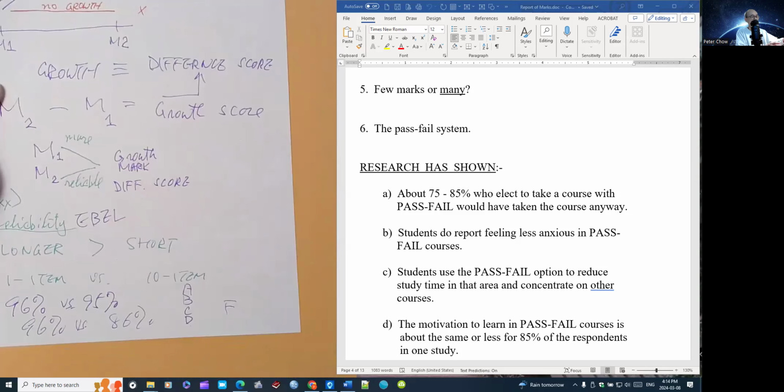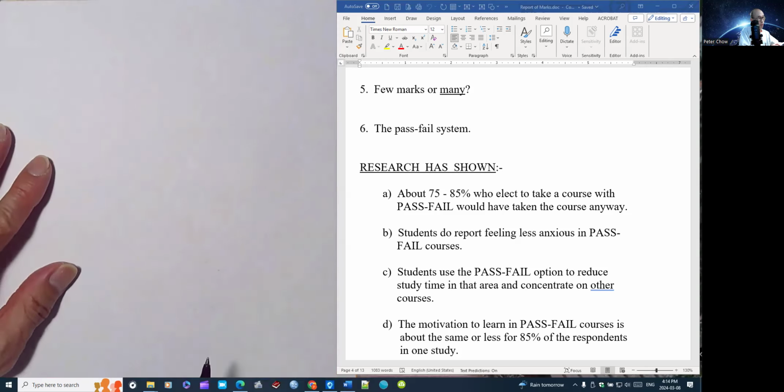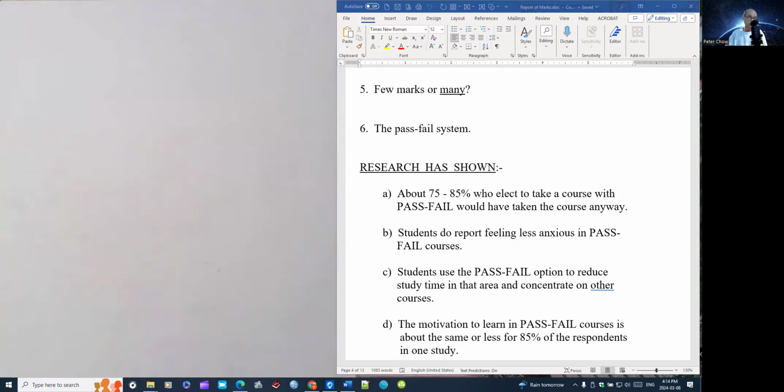So this is almost universal, okay? So we don't want more marks to overwhelm both the teacher and the student. We only want as many as we can reliably discriminate.